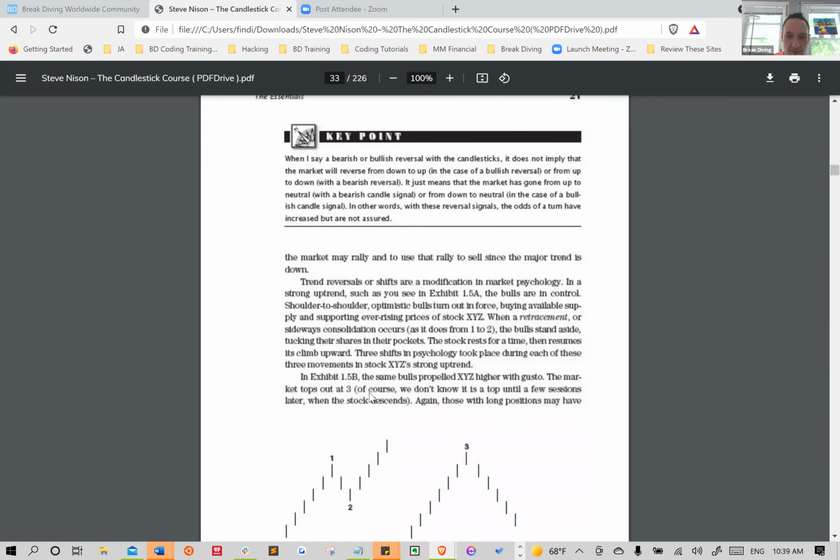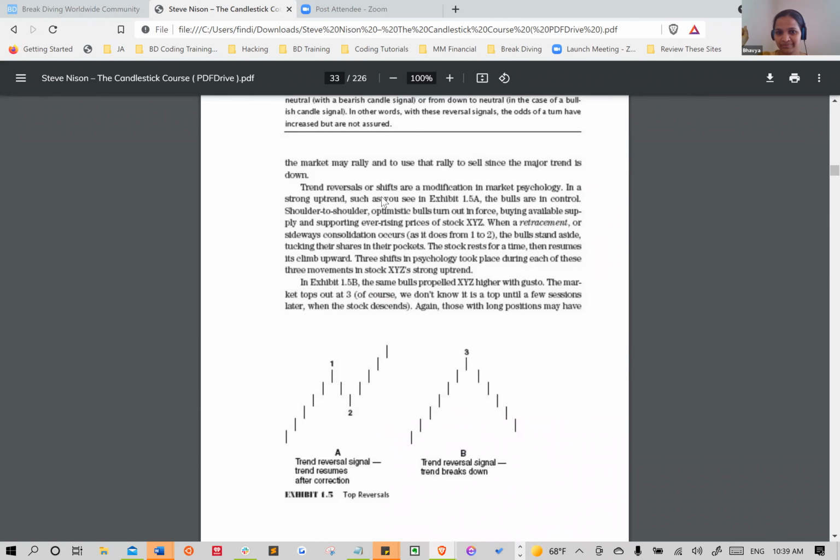So it depends. Trend reversals or shifts are a modification in market psychology. In a strong uptrend, such as in exhibit 1.5a here, the bulls are in control. Shoulder to shoulder, optimistic bulls turn out in force, buying available supply and supporting ever rising prices of stock XYZ.